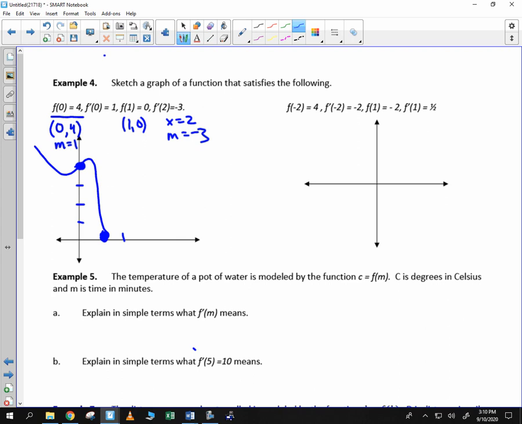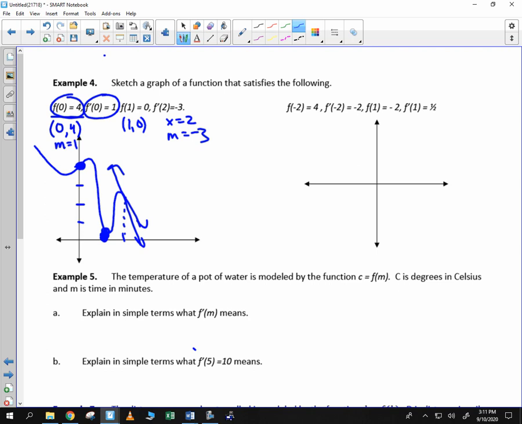You can drop down and then come back up and then have a slope of negative 3 right there. But here it passes through (0, 4), it passes through (1, 0), and has a slope of negative 3. The idea is that you're able to distinguish between point values and derivative values.